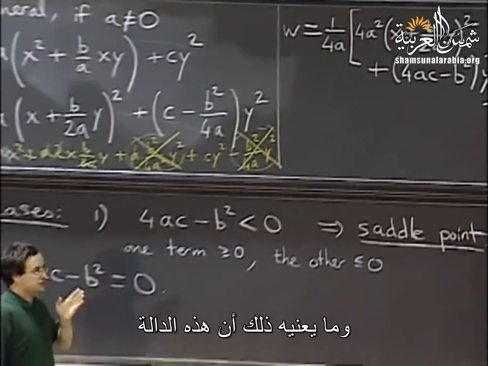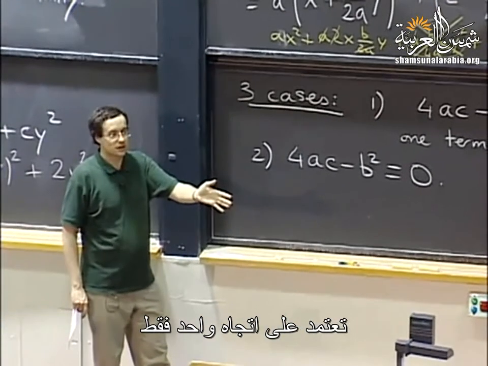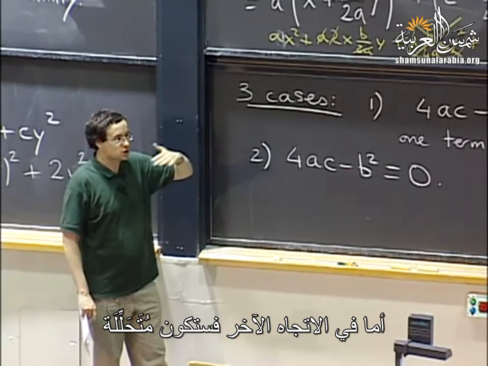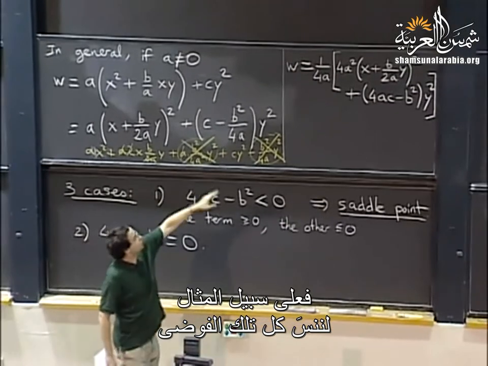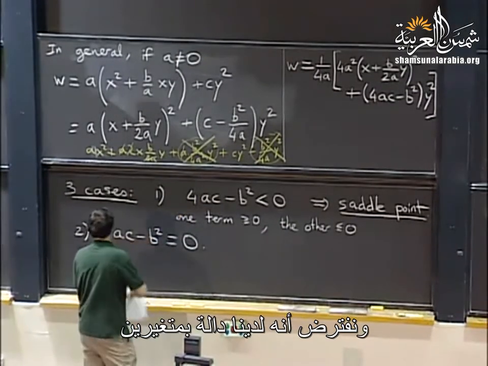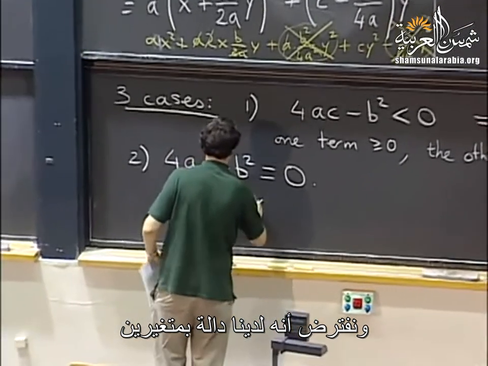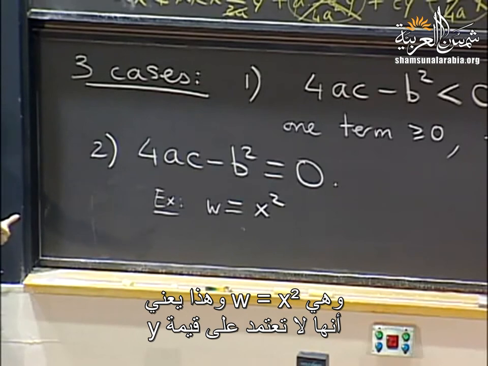So what that means is that our function depends only on one direction. In the other direction, it's going to be degenerate. So, for example, forget all the clutter in there. Say I give you just the function, 2 variables, w equals just x squared. So it doesn't depend on y at all.